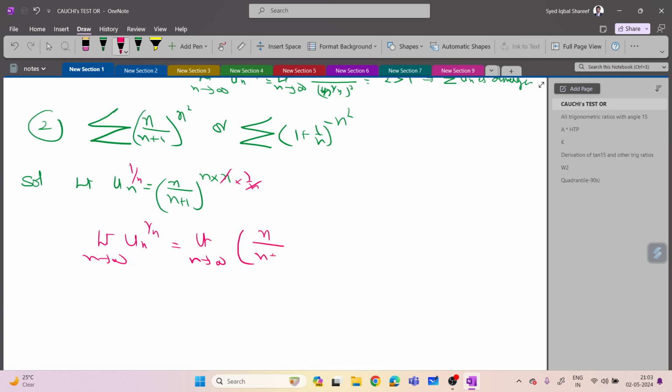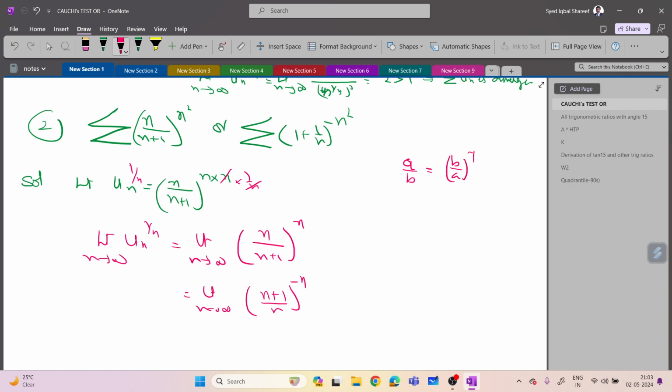n by n plus 1 whole to the power of n. This I can write as the limit as n tends to infinity of n plus 1 by n whole to the power of minus n. Here I am flipping: if a by b is there, I write b by a, which is a by b whole inverse.